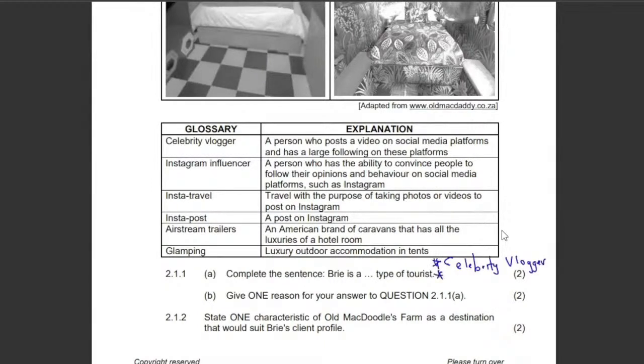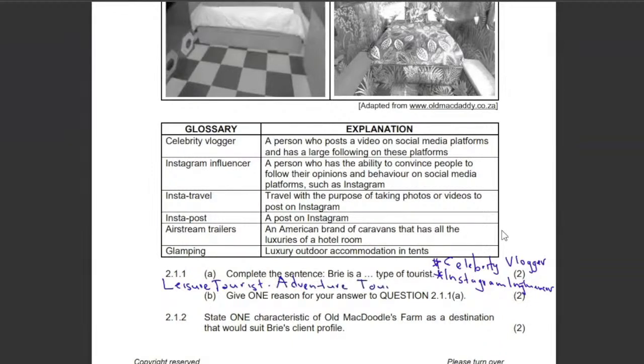Then in addition to that, she's an Instagram influencer. It's accepted as a correct answer. Then in addition to that, she is also a leisure tourist. She's going to the farm for leisure. So we can also indicate that she's a leisure tourist. Then she also enjoys adventure.